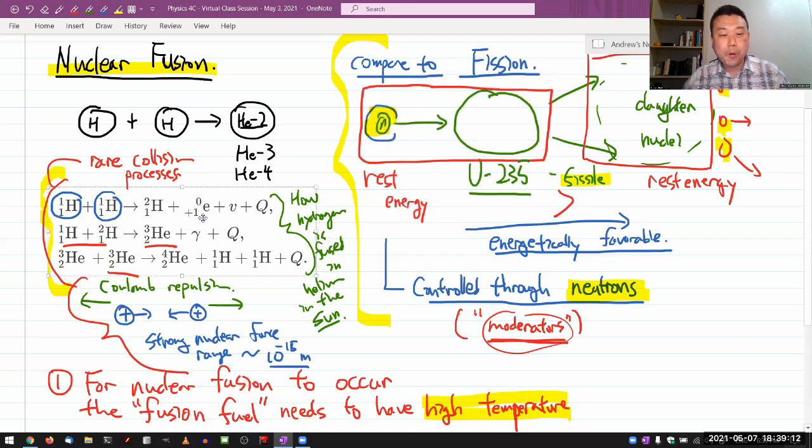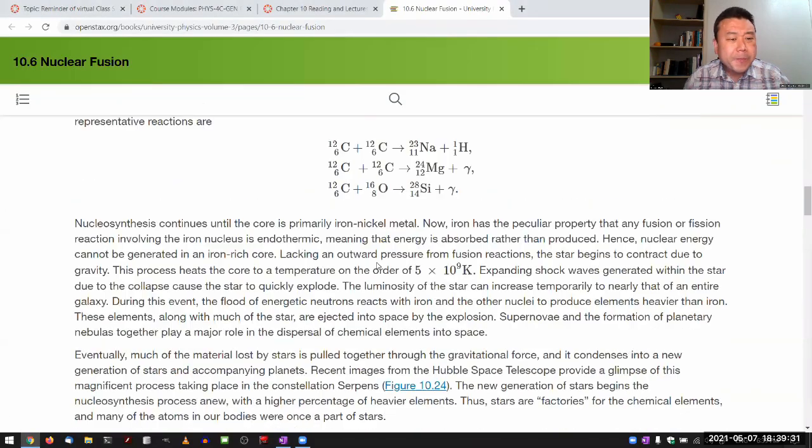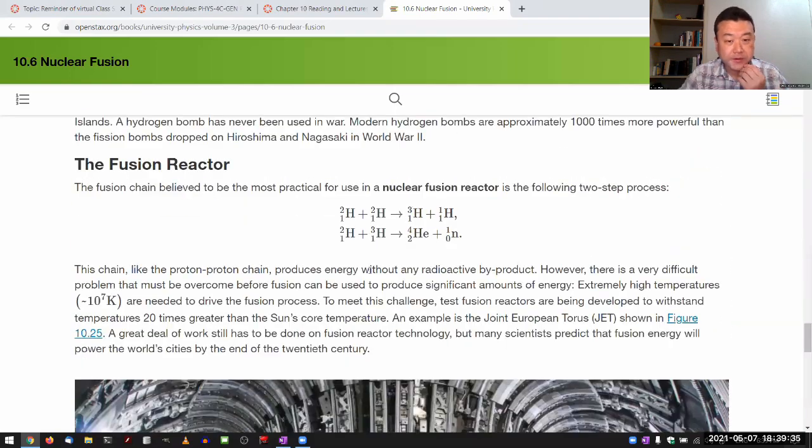So one of the goals, or technologies, that has always been 20 years away has been generation of energy through nuclear fusion. And in one sense, that's right. I think your textbook mentions it somewhere. It should talk about the fusion reactor.